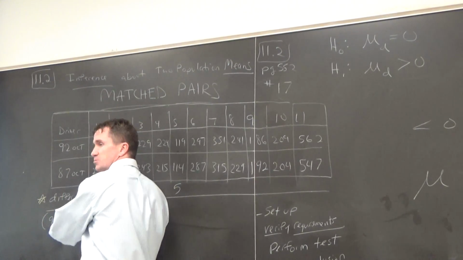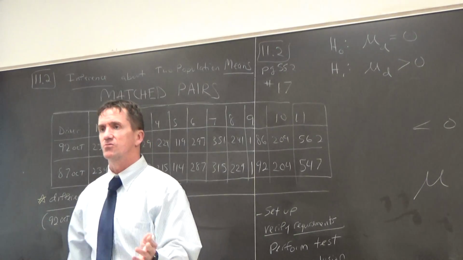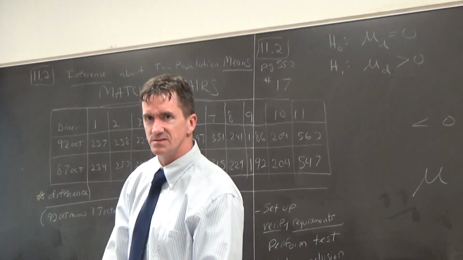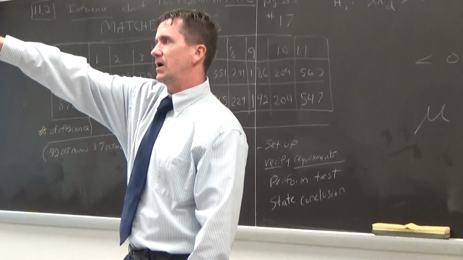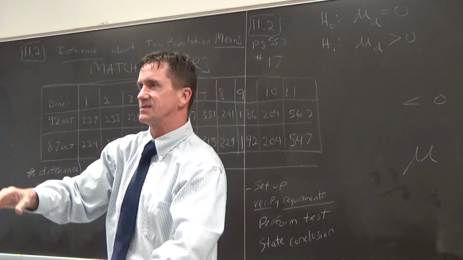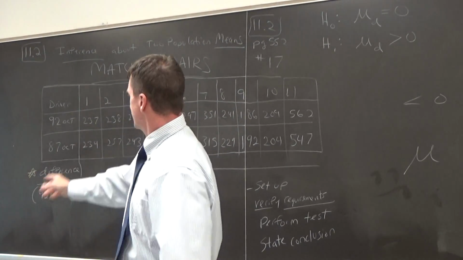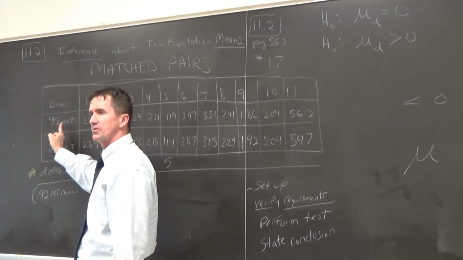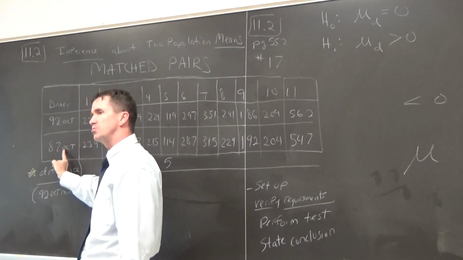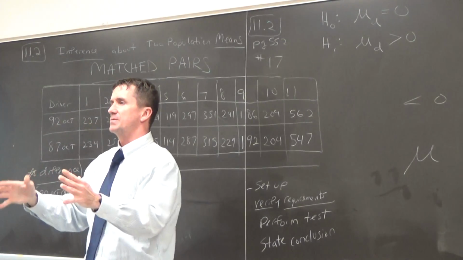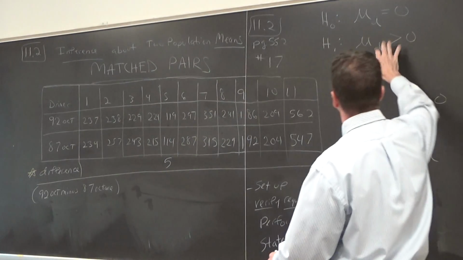This difference would always be greater than 0. Does that make sense? Like, I want 100 miles versus 80 miles. Well, that's positive. We're thinking this should make the car go further, and this won't go as far. It's always going to be higher than 0. So that's how we're going to set it up.